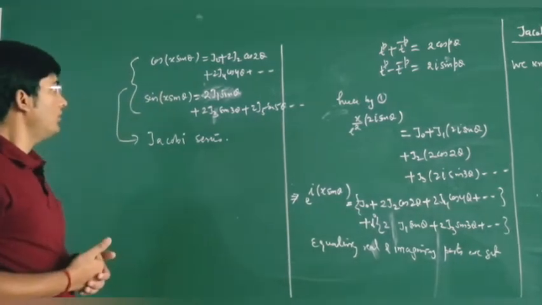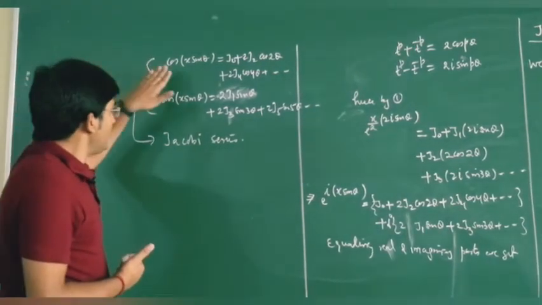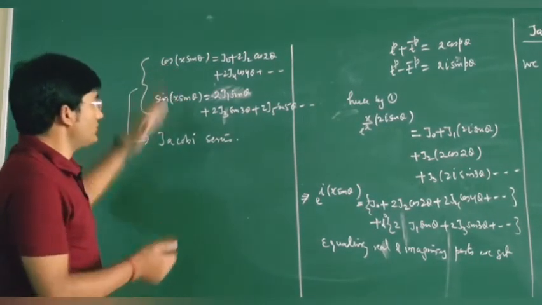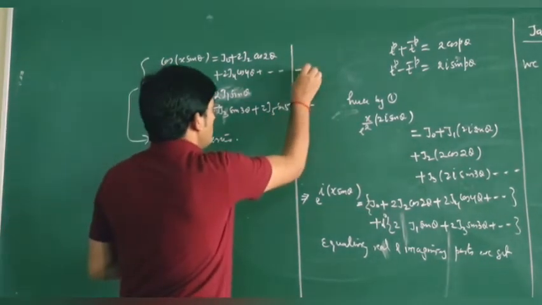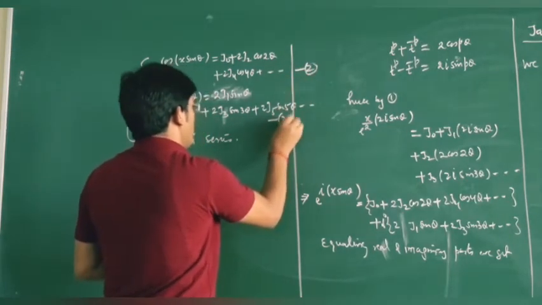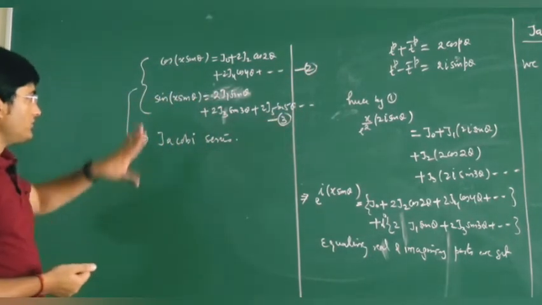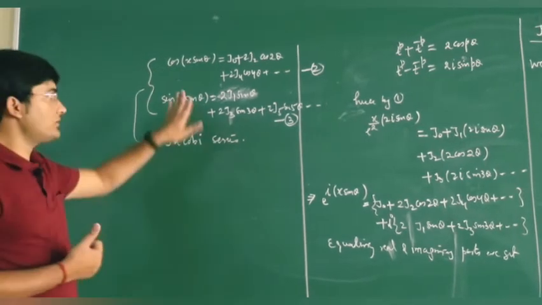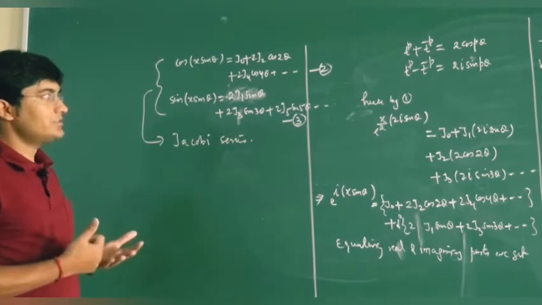Now, let us integrate these two equations. Say this is your equation number 2, and say this is your equation number 3. Let us integrate these two equations, because we have to find out the Jacobi series. These are the Jacobi series and Jacobi integral.